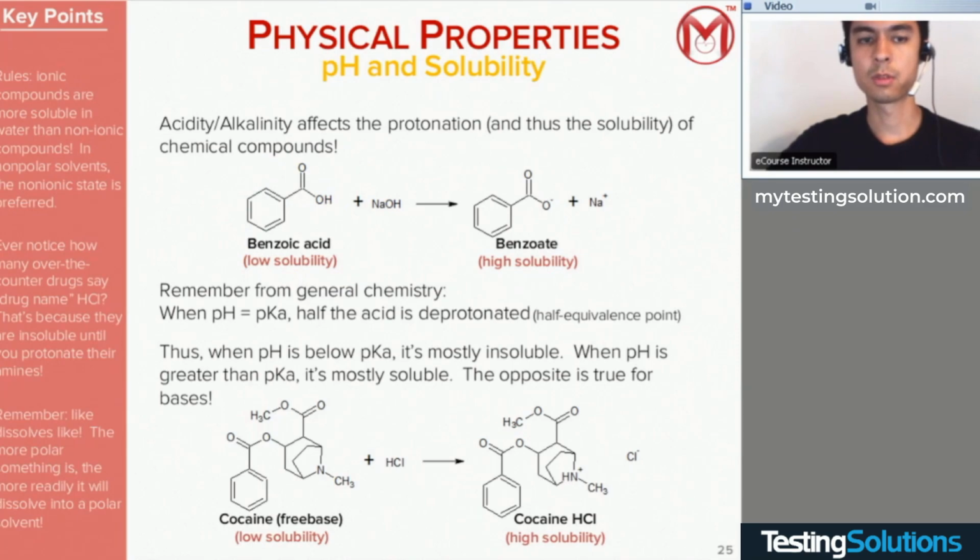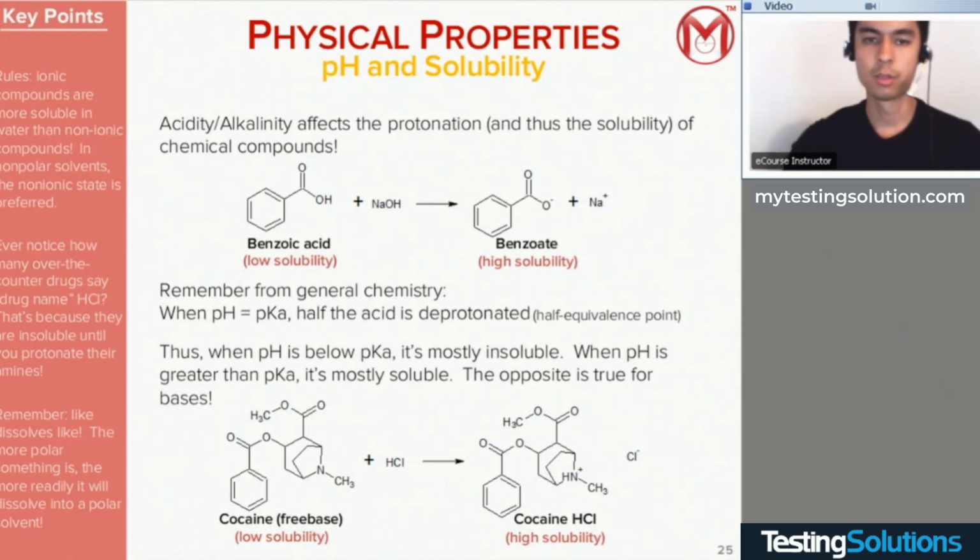Okay? So that's for acids. For bases, it is the opposite. For bases, if it's protonated, so that is pH below the pKa, the compound will be charged. If it is deprotonated, it's going to be uncharged.